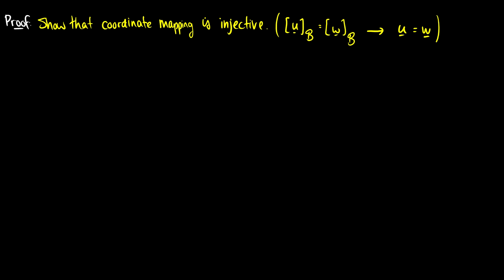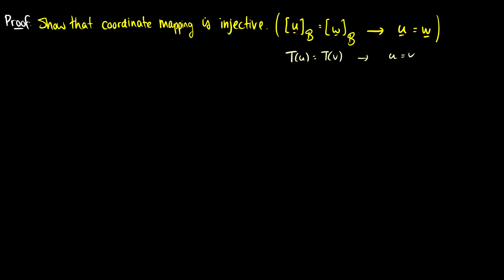So let's prove that it's one-to-one. Okay, so the one-to-one part. This is basically saying that if we have two vectors that have been transformed and they're equal to each other, then the vectors that haven't undergone that transformation will also be equal to each other. So we might have seen this before as stating that Tu equal to Tw implies that u is equal to w.